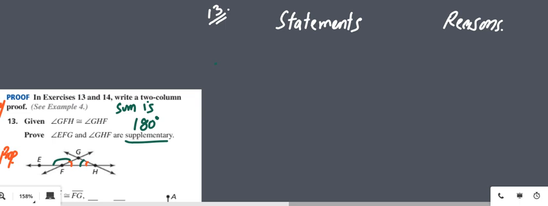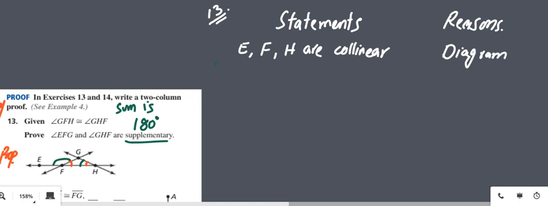So I can say that the points E, F, H are collinear. Okay, these points are collinear, and how did I get that? I got this with the help of the diagram. Clear?